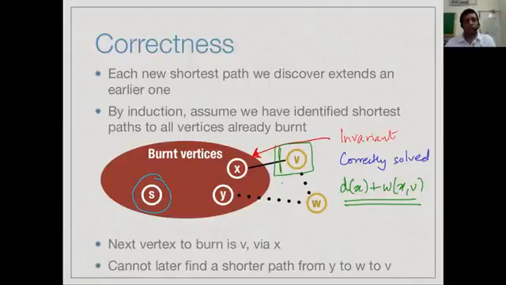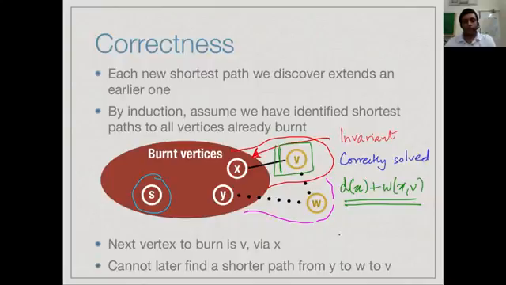So the claim is that if we now add this to our burnt set, right, so if we extend our burnt set like this to include V, then the distance to V cannot actually be smaller than what we have computed now, and it will not change because of a later update. So how will it change because of a later update? It could be that at some later point we actually extend our burnt set to include a new W. Now, can it be that there was a path from Y to W to V which is shorter than the path we have claimed just now via X to V?